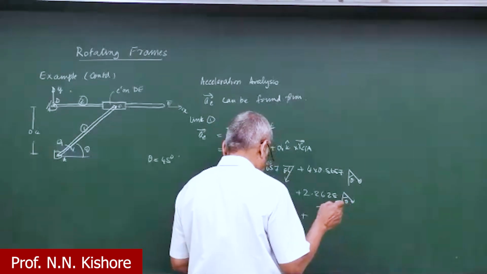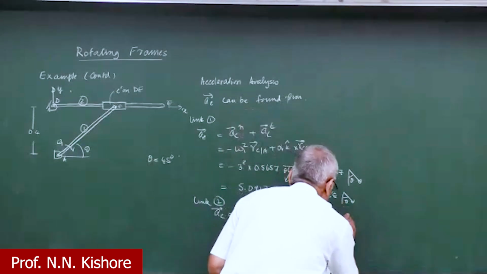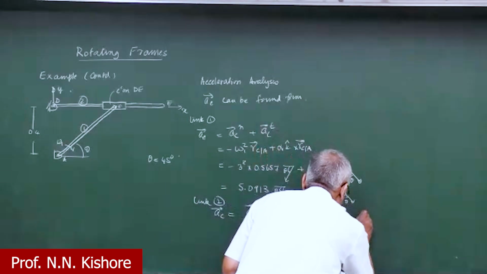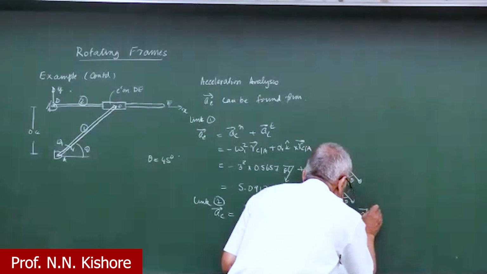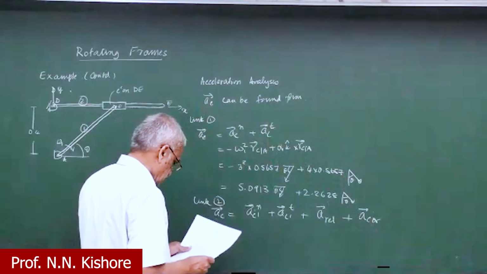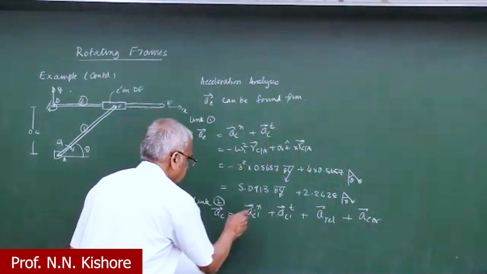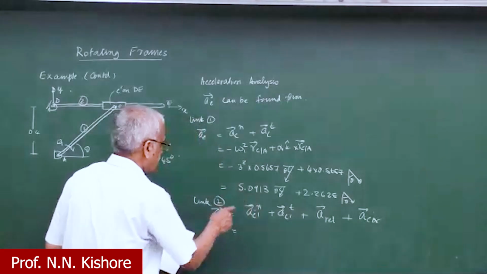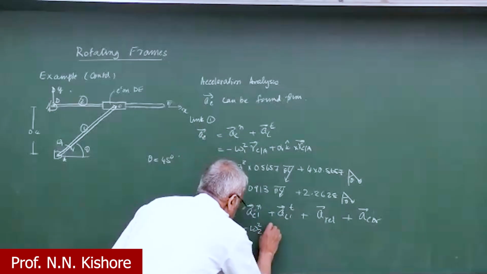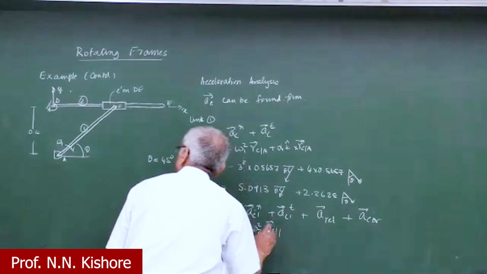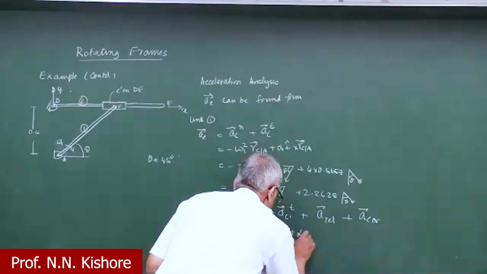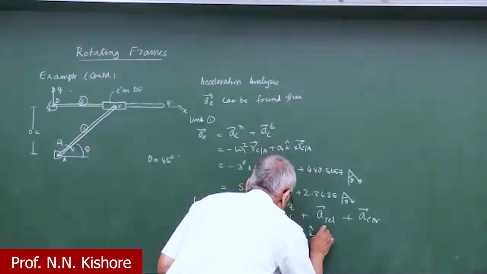I'll write it down here. So the normal is, after calculating omega 2, omega 2 square for C prime with respect to D. So these various components, I'll write it down here.